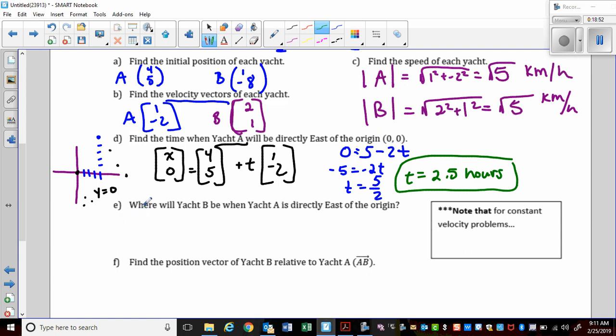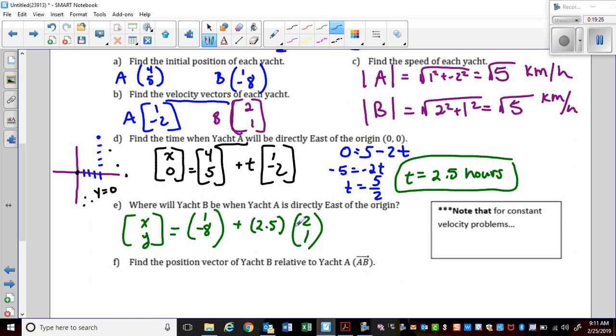Yacht B's equation is (x, y) equals my initial, which is (1, -8), plus, we want our time to be 2.5, the same time, and then my velocity vector is (2, 1).